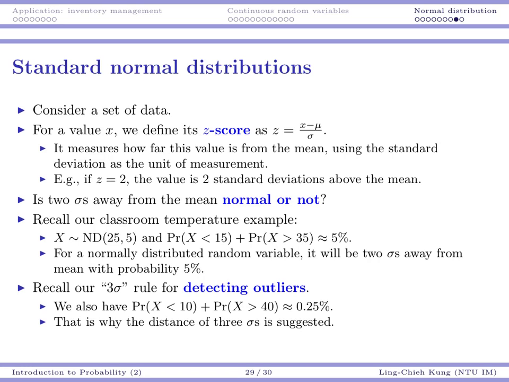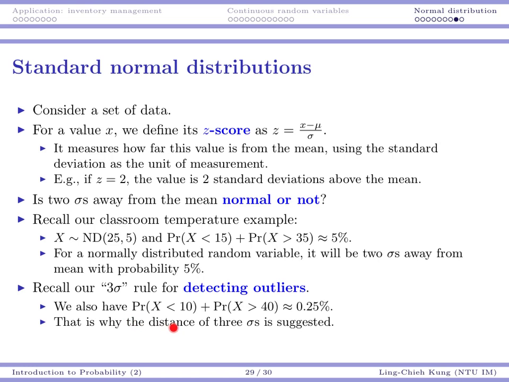And recall our 3 sigma rule for detecting outliers. You can do the calculation and find this probability. That's the probability for a normal random variable to be 3 sigmas away from the mean. That's just less than 1%. The probability is just 0.25%, roughly.